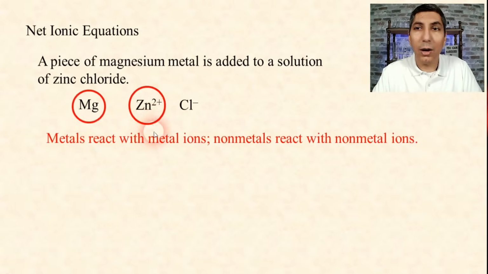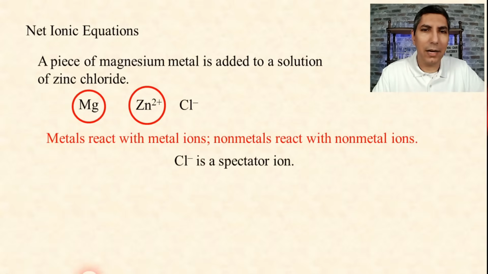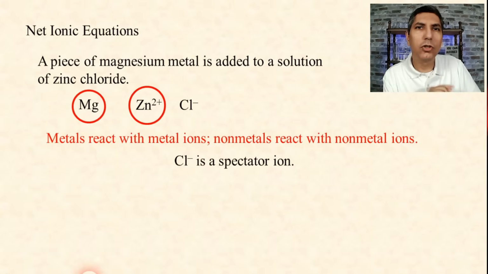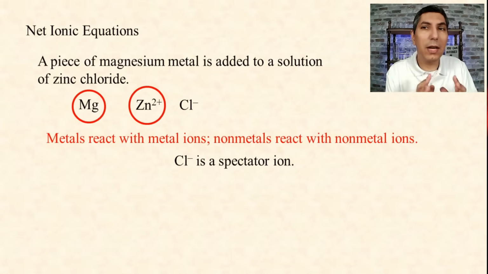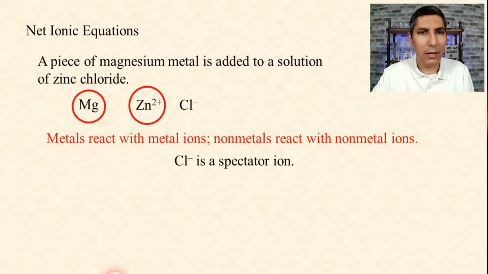So those are going to react with each other. Now, what's that chloride going to do? Well, the answer is it's not going to do anything. It is a spectator ion. Do not include spectator ions in your net ionic equation. That's a very common mistake that students make on the AP exam. Do not include those in your net ionic equation.